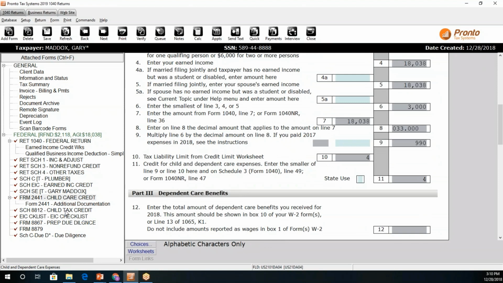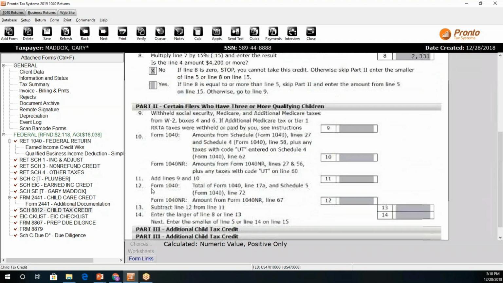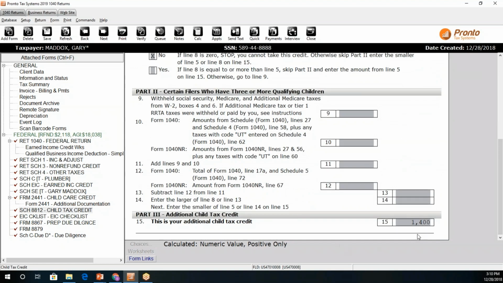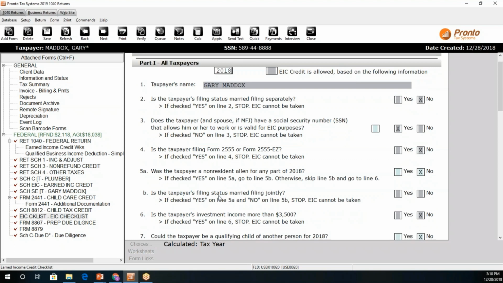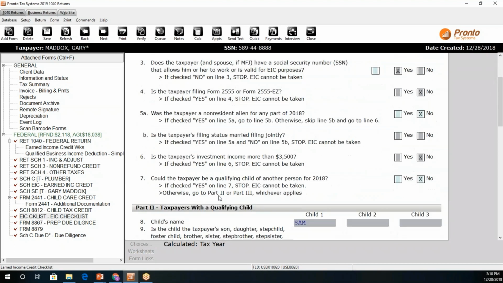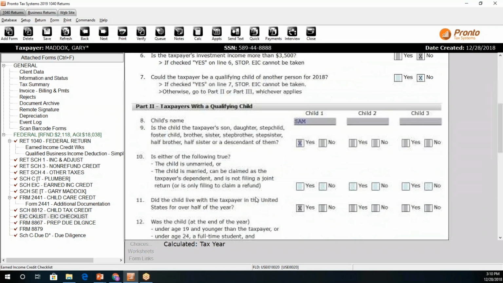He had the child tax credit, and let's see here. So his additional child tax credit was $1,400. The EIC checklist. There's his qualifying child.